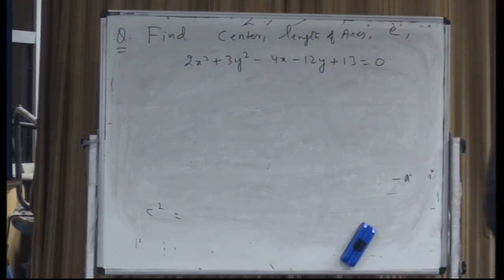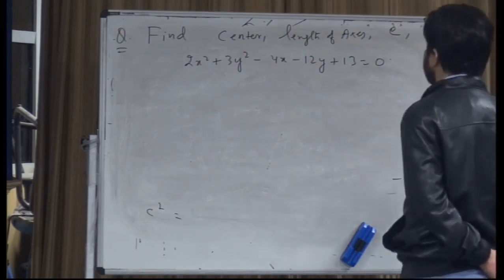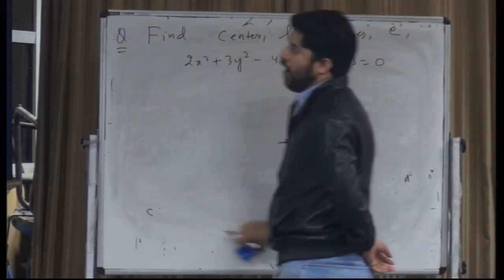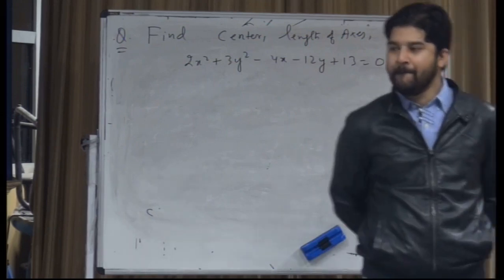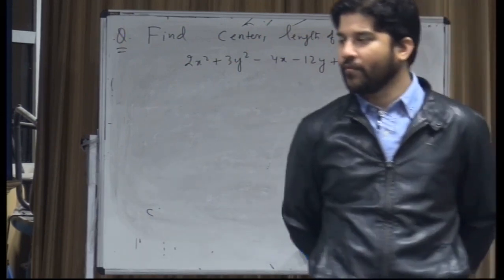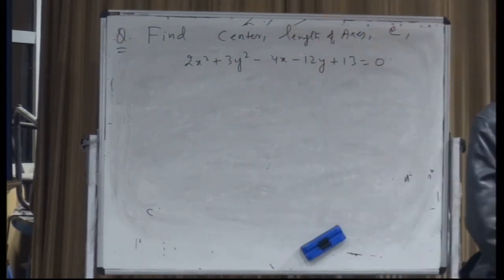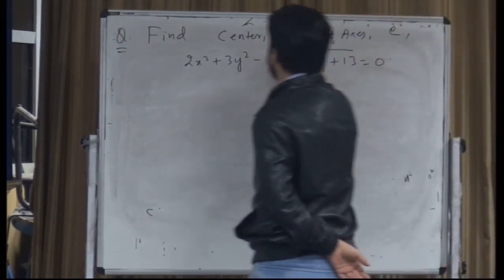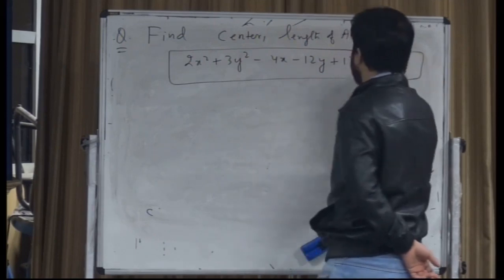find center, length of axis and eccentricity of this ellipse. हाउ टू फाइंड, तो सबसे पहले तो इसको स्टैंडर्ड फॉर्म में लिखने की जरूरत होगी. कैसे करें स्टैंडर्ड फॉर्म में?